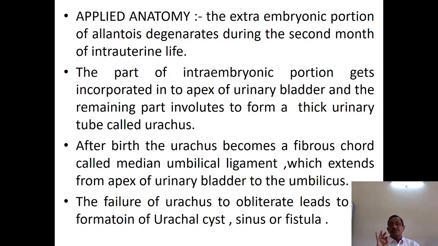After birth, the urachus becomes a fibrous cord forming the median umbilical ligament, which extends from the apex of the urinary bladder to the umbilicus. If this urachus, which connects the umbilicus to the urinary bladder, fails to obliterate, it will become a urachal cyst, sinus, or fistula.